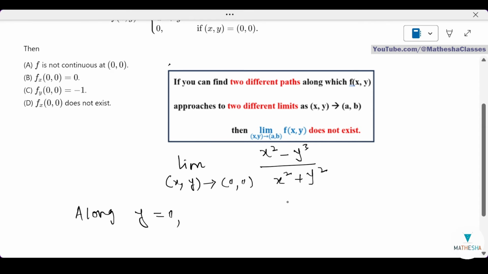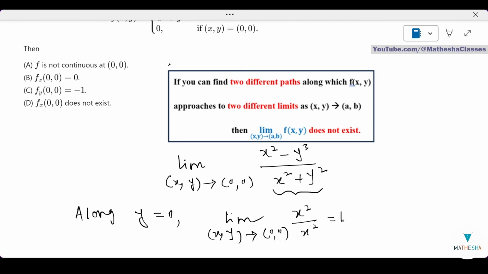So along y equal to 0, this expression will become what? x square upon x square. So if you take limit as (x,y) tends to 0 0, that will become 1.